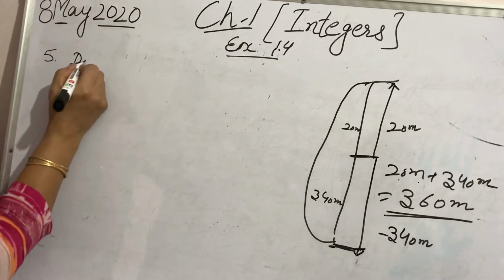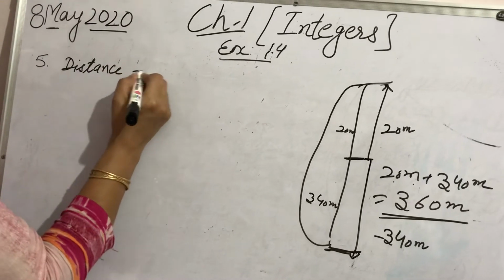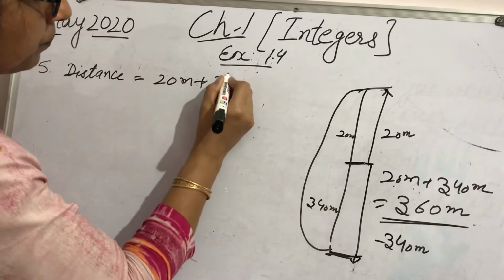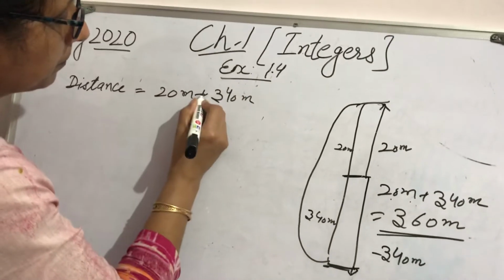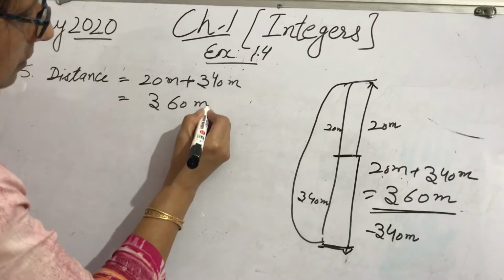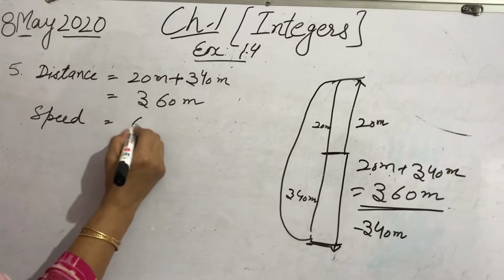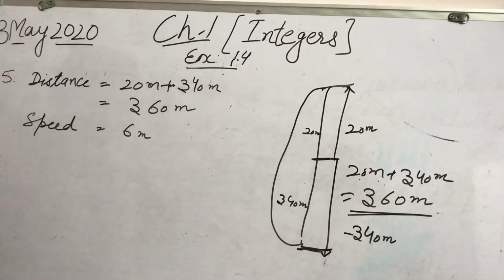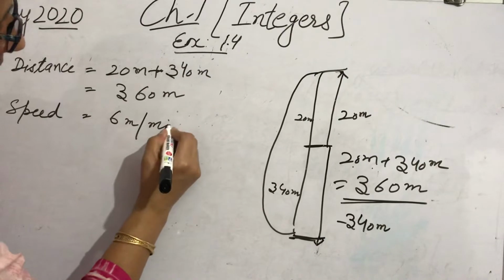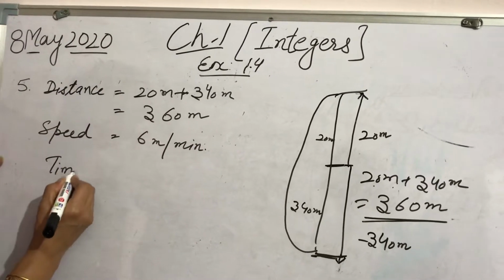So how much distance has it covered? Distance covered is 20 meter plus 340 meter. It is 360 meter. And speed is given 6 meter per minute. And we have to find time.